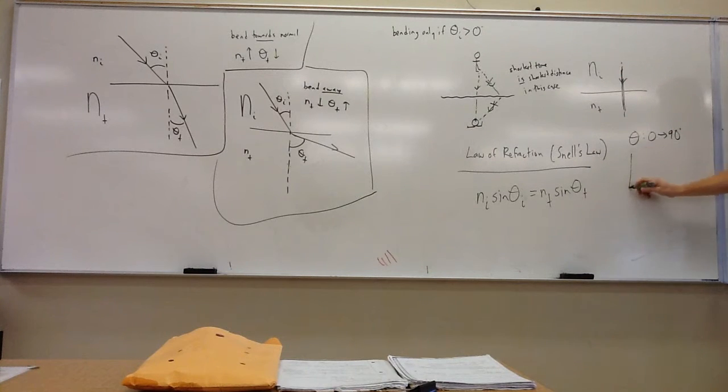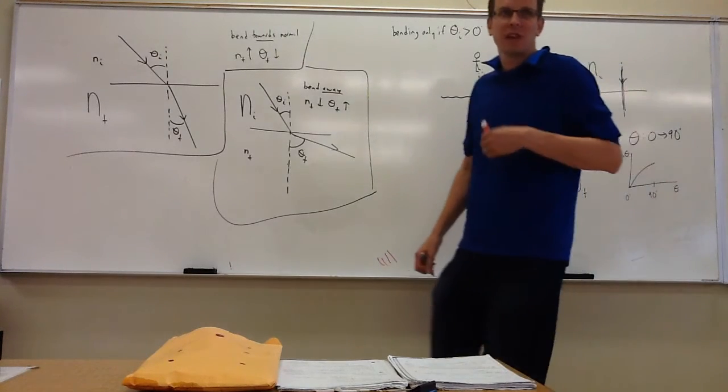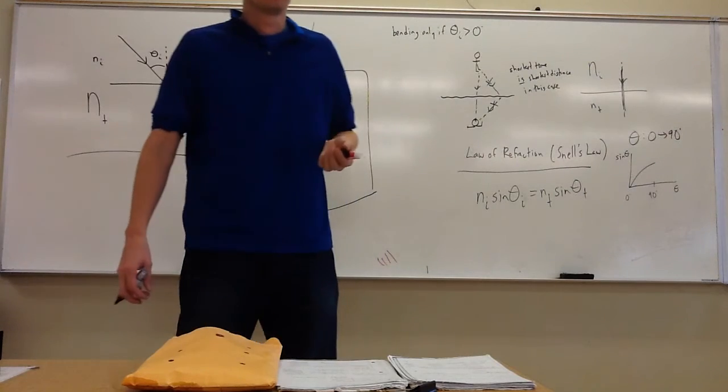And the sine function, if you plot sine of theta versus theta, while we know that sine oscillates back and forth, it doesn't between 0 and 90 degrees. It basically just grows. So between 0 and 90 degrees, if the angle is bigger, the sine of theta is bigger.